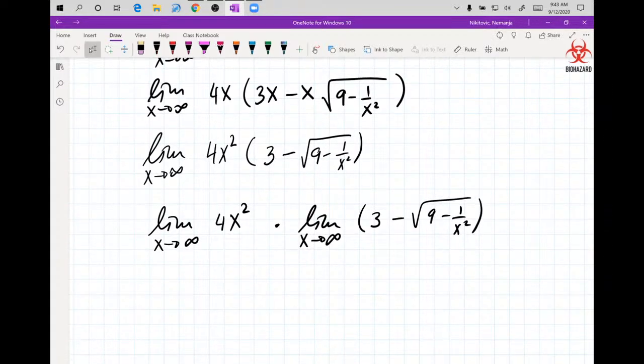And now you see that the second limit becomes 0, and the first limit is infinity. So this is working out to be 0 times infinity.